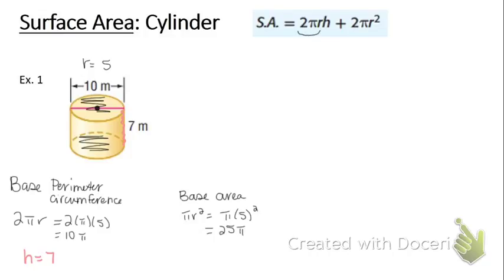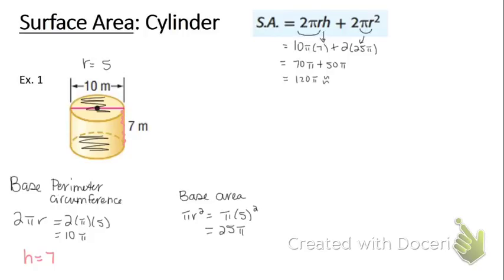So that is 10 pi. Our height is 7. And we have 2 times pi r squared, which we decided was 25 pi. So I'm substituting that all in. So I get 70 pi plus 50 pi, which is 120 pi.